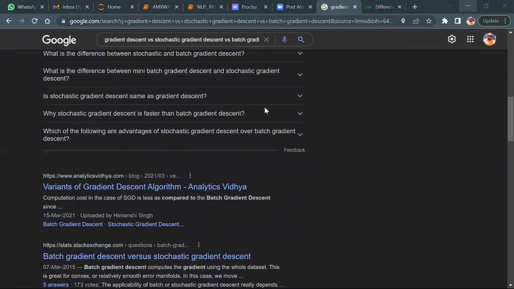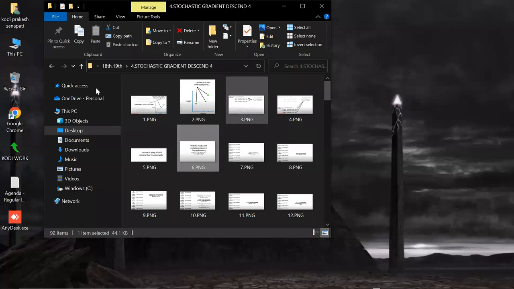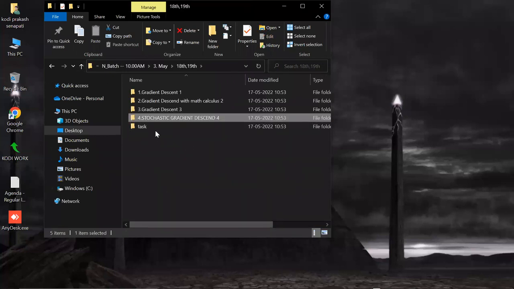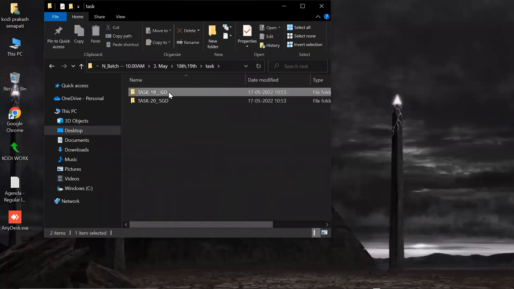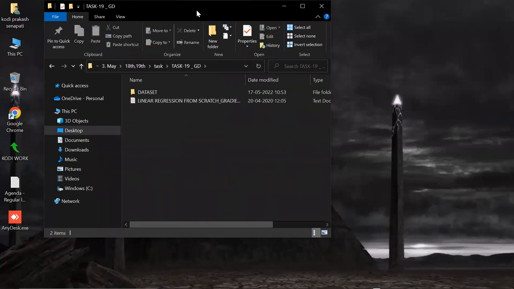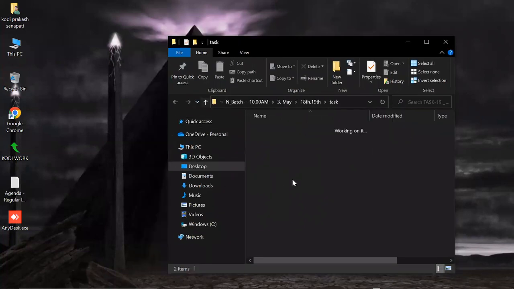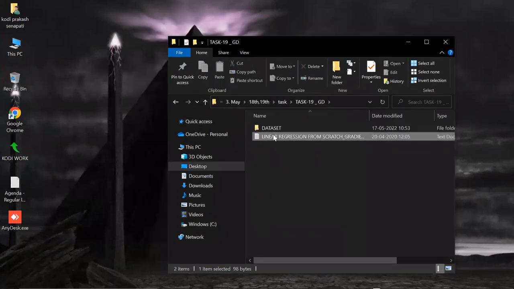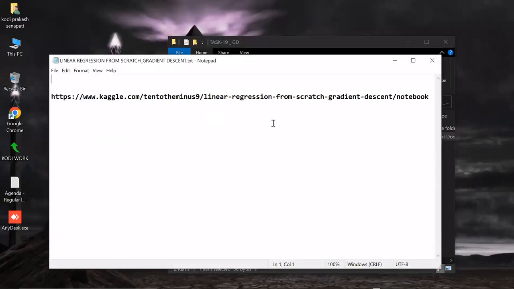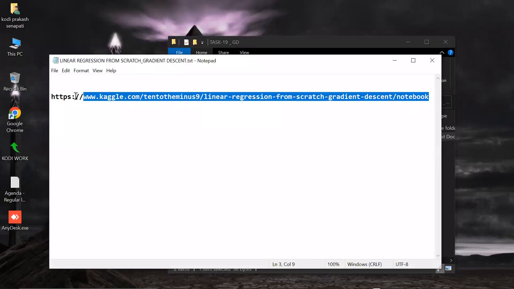Now, I will show you one code for how to build a model without using scikit-learn. This is optional. If you want to practice, you can see. But let me show you one thing, like how exactly.